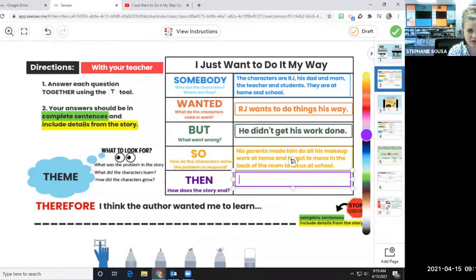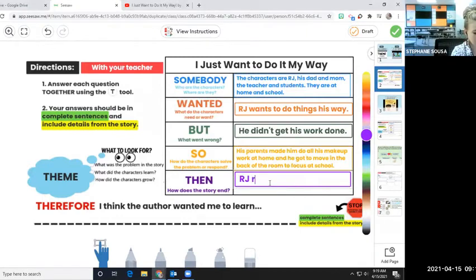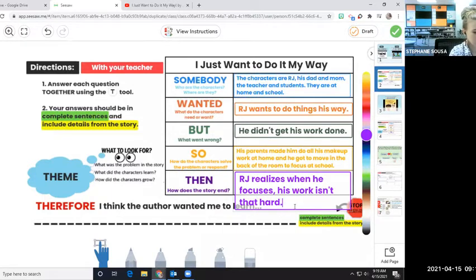It's just a matter of getting it done. Thank you, Bella. Wonderful. So then RJ realizes when he focuses, his work isn't that hard, as Bella said.